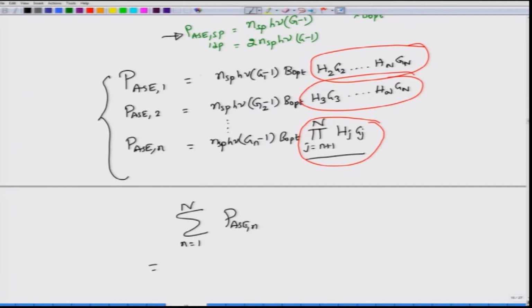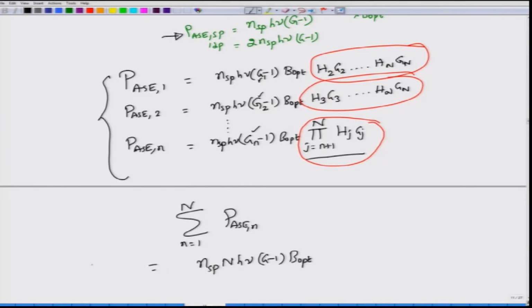This is one factor plus this one and there are N such factors. So, what you get is N_sp N h nu (G minus 1), because the gains are also the same for each stage, times the optical band pass filter bandwidth.